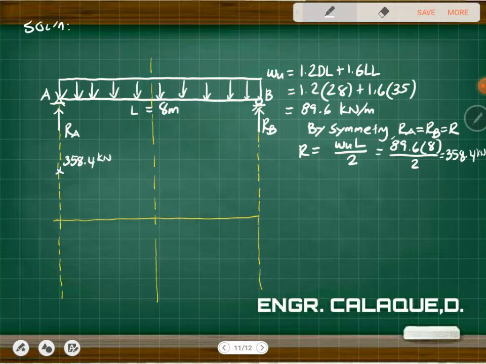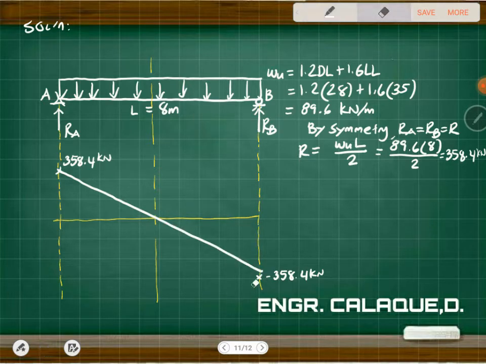Ganun din dito sa kabilang side is negative 358.4 kilonewton. So, connect ko lang yan. Okay. So, connect ko din to. Ayan. So, ito na yung shear diagram natin.